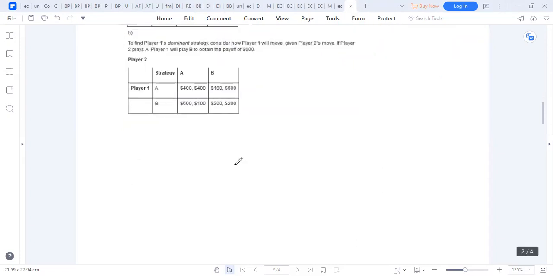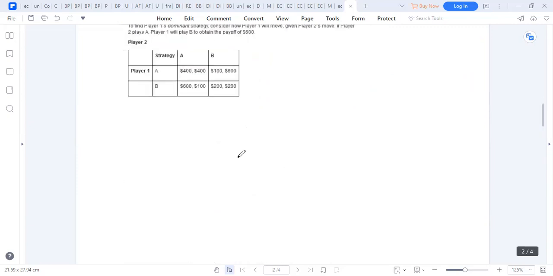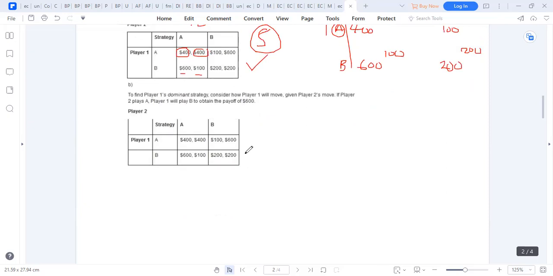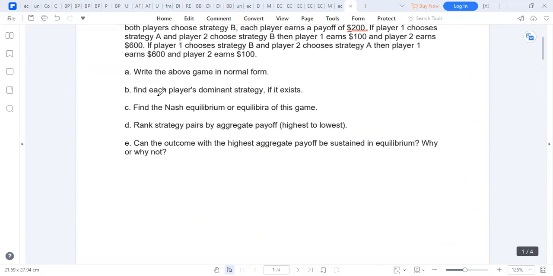We just need to know the dominant. So where will player 1 have a dominant? Let's read the question again. Find each player's dominant strategy if it exists.